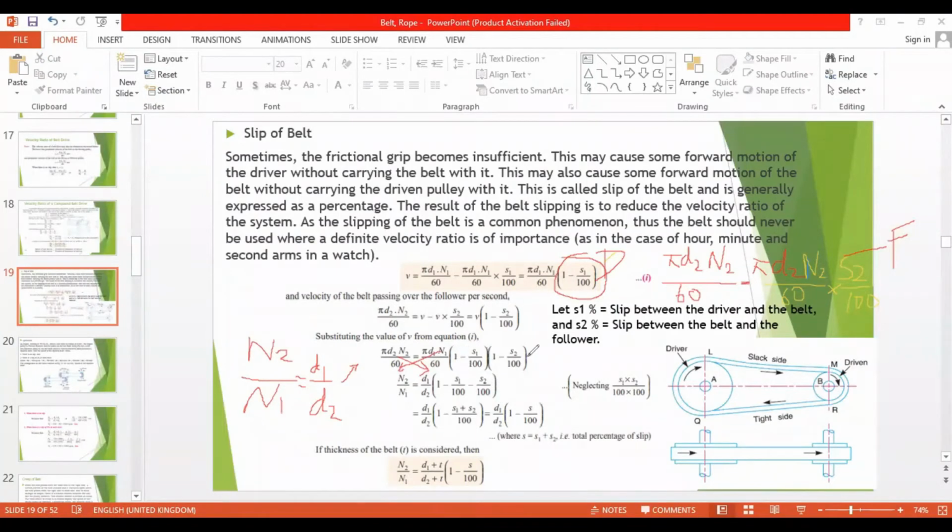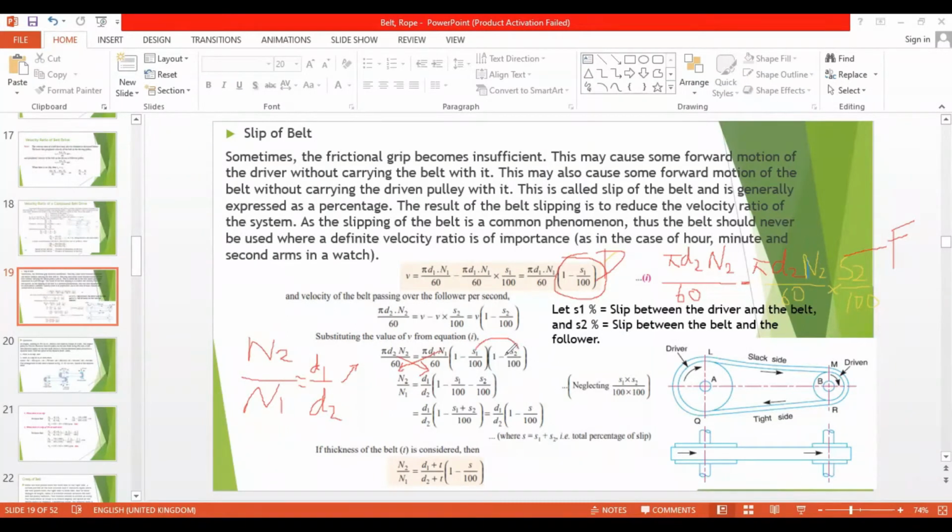If you multiply this out: 1 into 1 is 1, 1 into S2/100, S1/100 into 1 is minus S1/100, and S1/100 into S2/100 is S1S2/10,000. We are neglecting that particular term because it is too small.